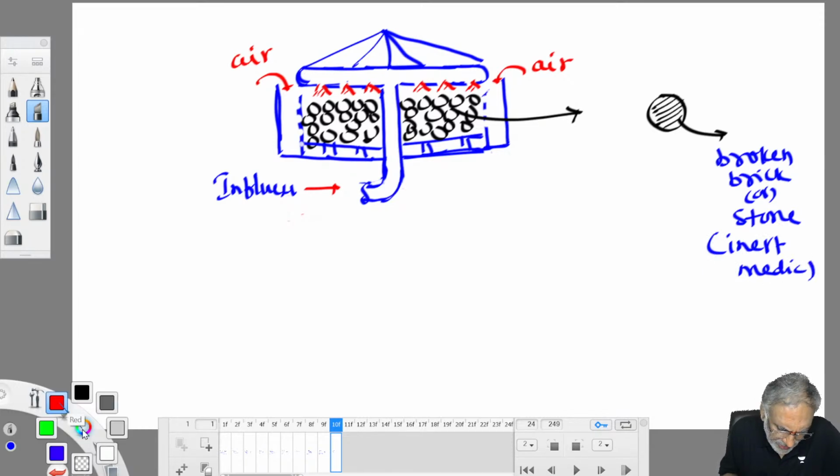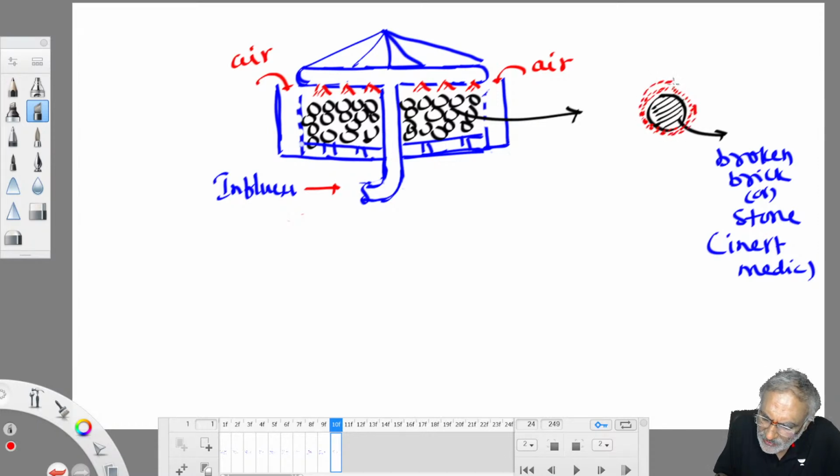On the surface of the inert media, what happens? Microorganisms grow on the surface as biofilms. A layer of microorganisms flourishes on the top of the media like this. This is called biofilm. So wastewater passes through this biofilm, a sheet of wastewater carrying food.